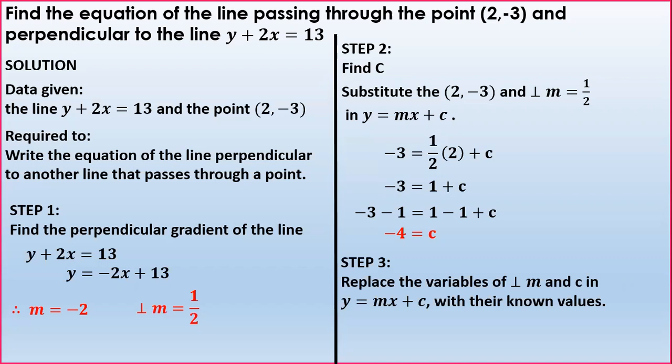Therefore, the equation of the line passing through the point 2, -3 and perpendicular to the line y plus 2x is equal to 13 is y is equal to 1/2 x minus 4.